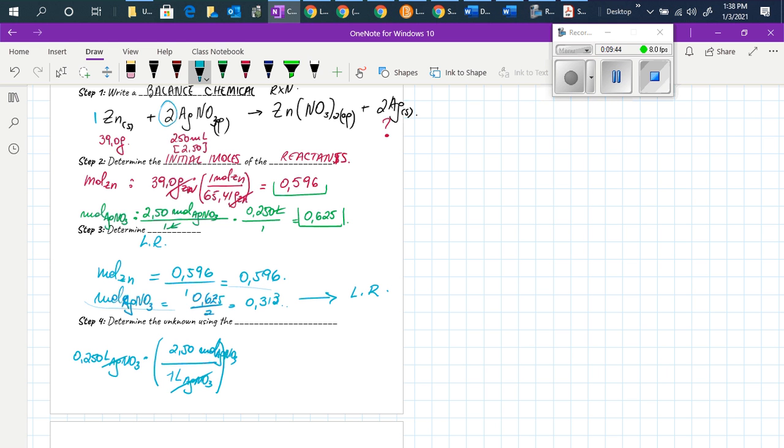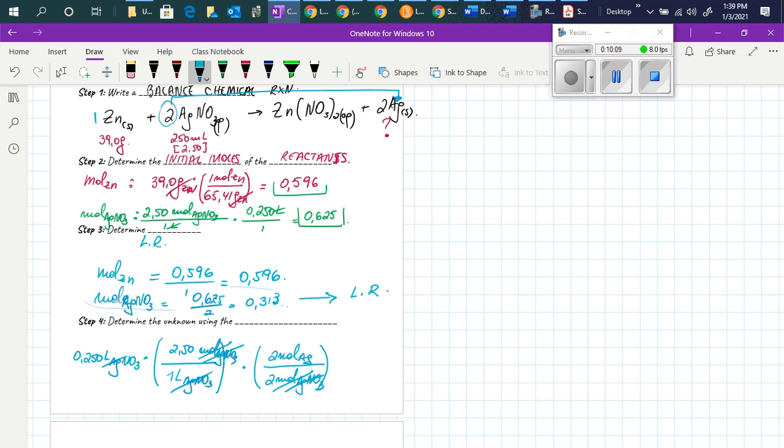So liters cancels out, and we are left with moles of silver nitrate. Now we will use the molar ratio of silver nitrate and silver: 2 moles of silver nitrate to 2 moles of silver.